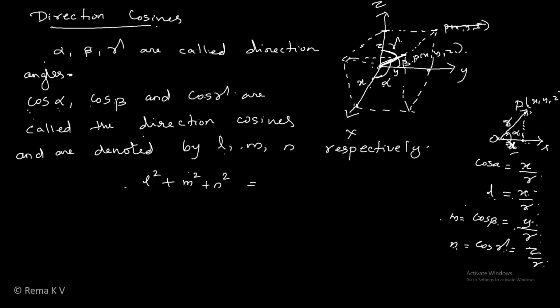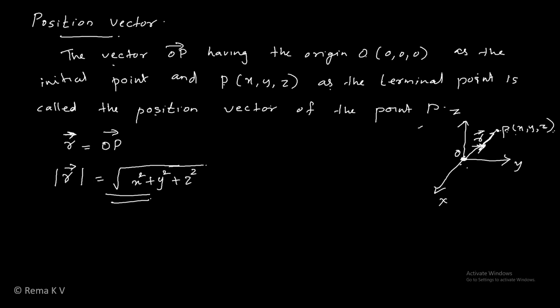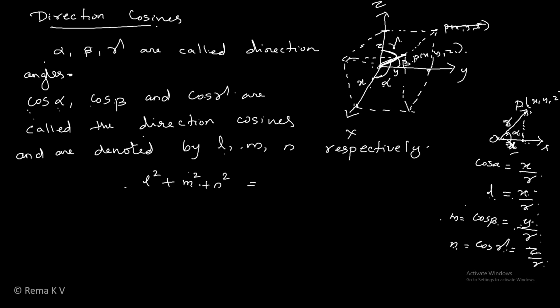So it is x square plus y square plus z square by r square. R is defined as root of x square plus y square plus z square, so r square is x square plus y square plus z square. Therefore L square plus m square plus n square is equal to 1.